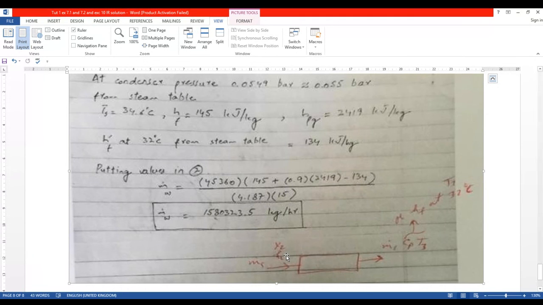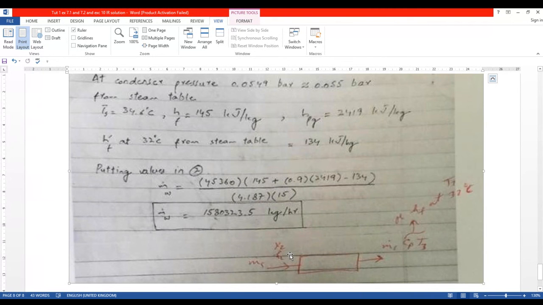So this is, of course, H2, which will be equal to HF2 plus X HFG2, at the pressure at 2, which is the pressure in the condenser, right? We calculated the absolute pressure in the condenser and found already 0.0549. So H2 we can find at the absolute pressure in the condenser.